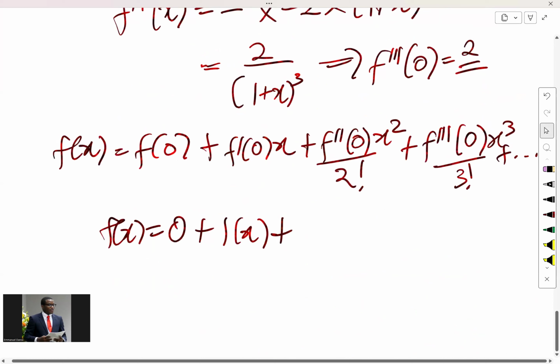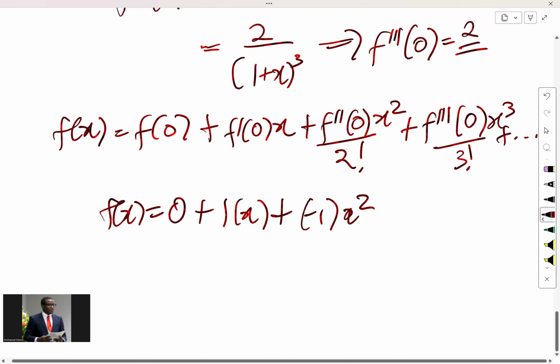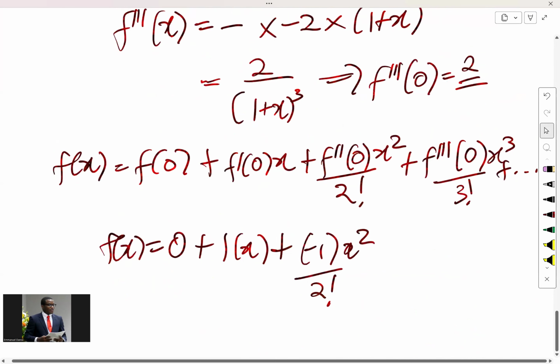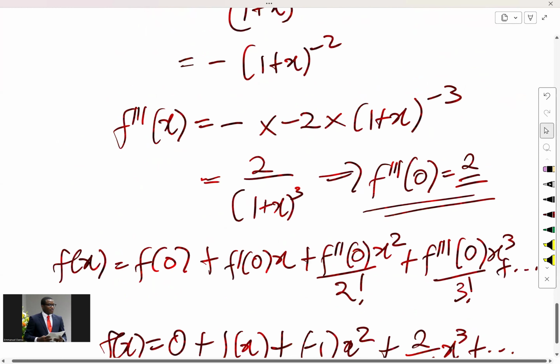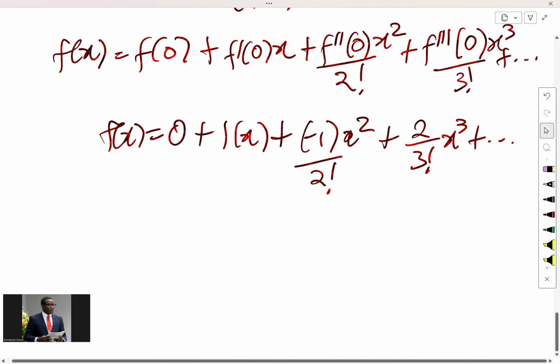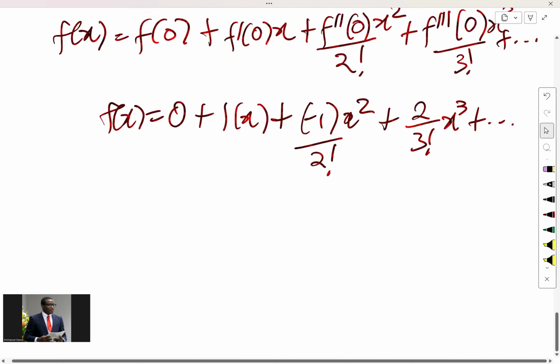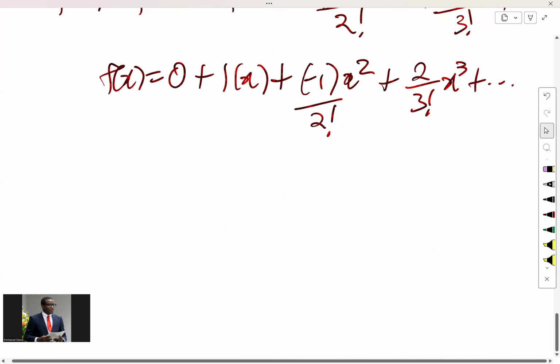So f prime prime of 0 is minus 1, and x squared all over 2 factorial. F prime prime prime of 0, that's what we did last, which is 2. So we have 2 over 3 factorial x cubed and all that. And that is why the expression for logarithmic function ln of 1 plus x is what it is.